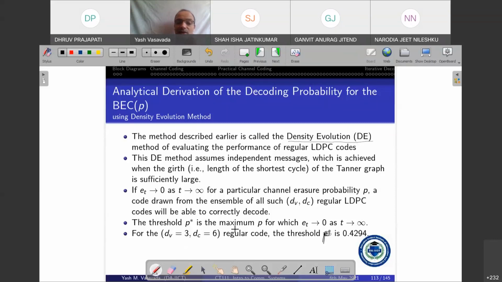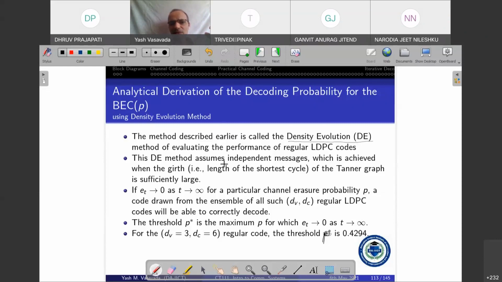And so for that H matrix, assume that it doesn't have any cycles of short lengths, then your algorithm should be able to unerase and recover all the erasers for a BEC for which P value is around 0.4. And if you make it higher than 0.43, then it is definitely going to fail. If it is less than 0.43, then your algorithm should actually work.